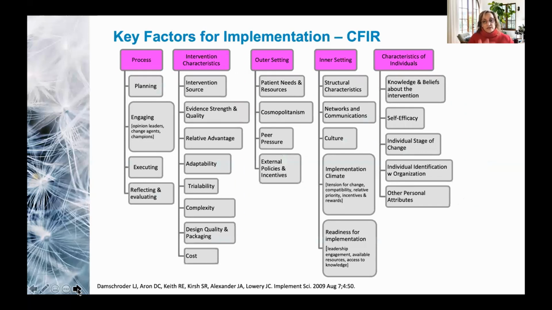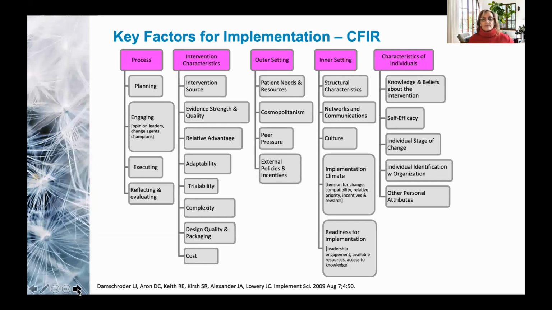And the CFIR actually breaks down like this, another wave of too much information. But essentially, when you're planning out your process, you need to also keep in mind that all of these factors are empirically associated with effective implementation. So how you engage your opinion leaders, how you plan for implementation, how you execute that implementation, whether you give people time to reflect and evaluate.